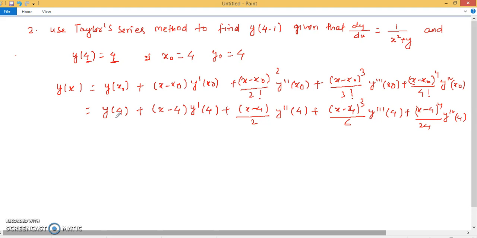So we will find the value of y of 4, y dash of 4, and so on, and substitute in this series.